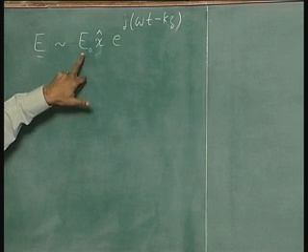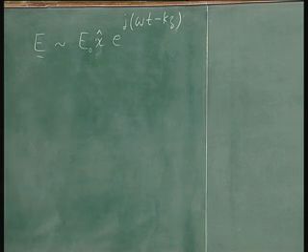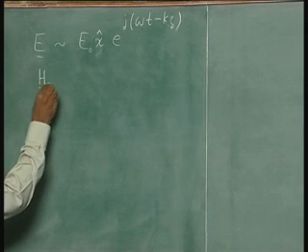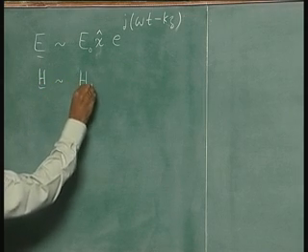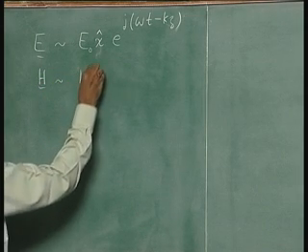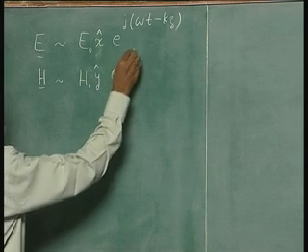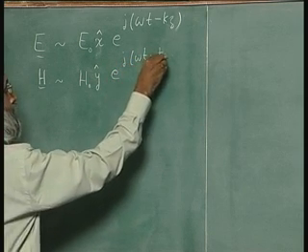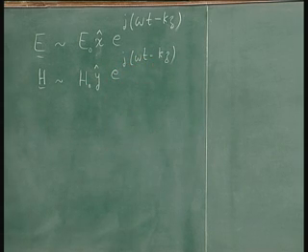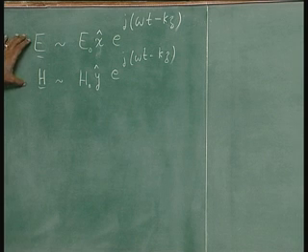It has an amplitude E naught along the x direction. So therefore H is going to be some H naught y direction e to the j omega t minus k z. If I substitute this into the wave equation, what do I get?